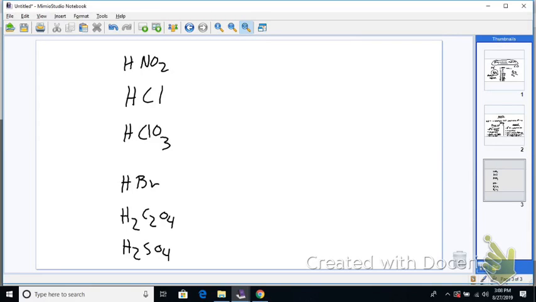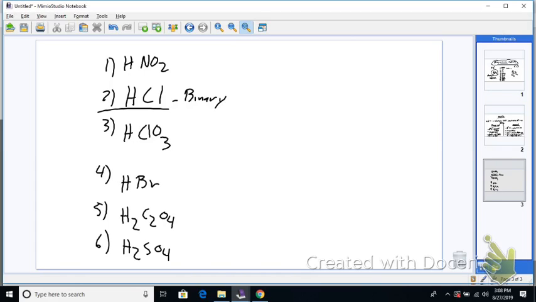Okay, so let's divide these out. When we take a look at these, which are binary? So 1 through 6, what numbers are binary? Up here, HCl. Okay, HCl is binary. You guys don't have to write this in.